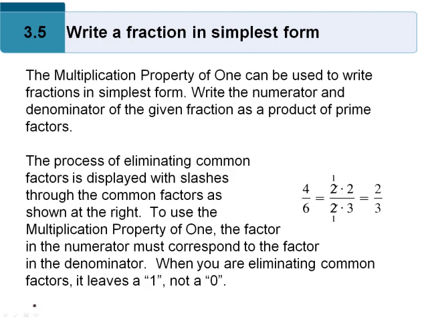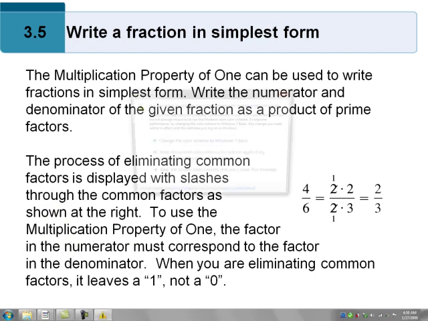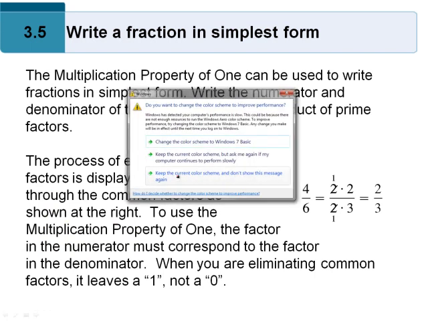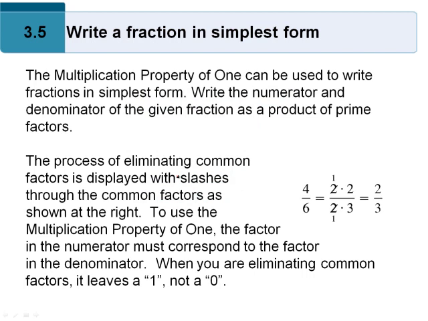So this is actually using the multiplication property of 1. The multiplication property of 1 is used to write fractions in simplest form. So basically what you can do, now this is the long way of doing the problem, is you can write the prime factorization of the numerator. If you look at this example, 4 is 2 times 2, and then on the 6 on the bottom it's 2 times 3.